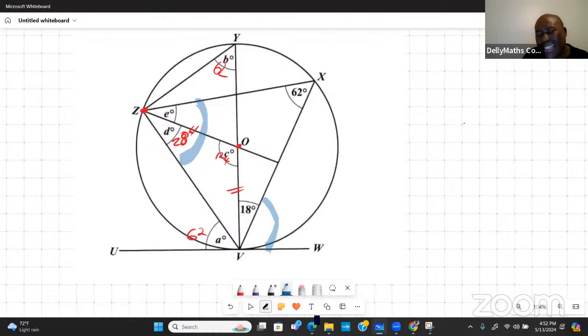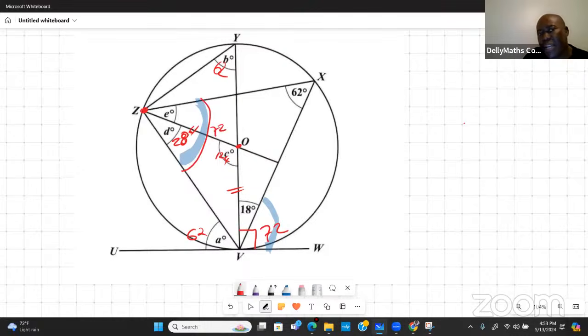So the angle between a tangent and a chord is equal to the angle in the alternate segment. If I could show you what I'm focusing on, that triangle with this angle and that tangent line. So then I could say that this angle right here is 90. Remember, this is 90, we got that already. So 90 minus 18 will give 72. All of this is 72 right now.